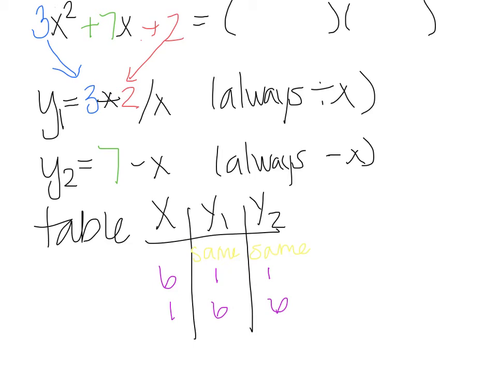But once we get to this point, we're looking at this set. And notice they're the same. If I look at the first and second, I see 1 and 6 in both of those columns.